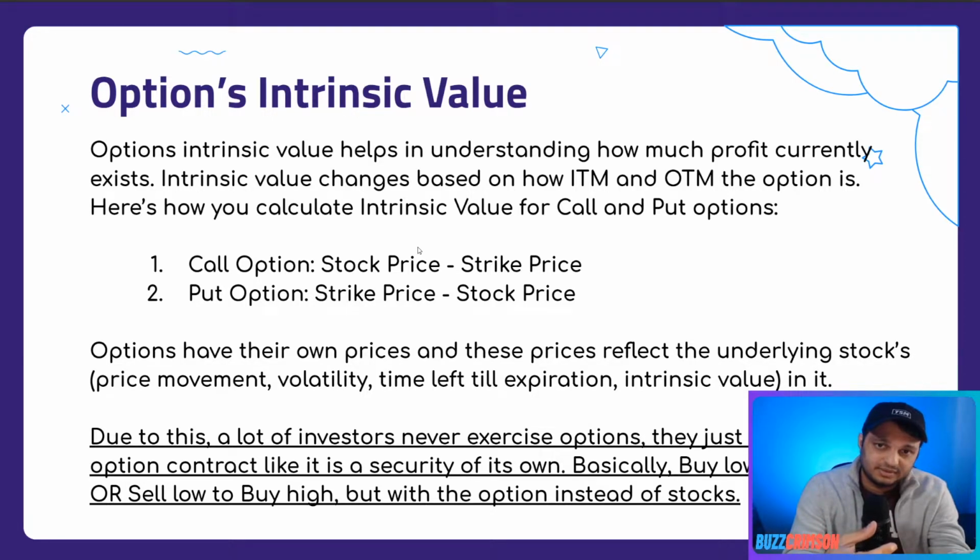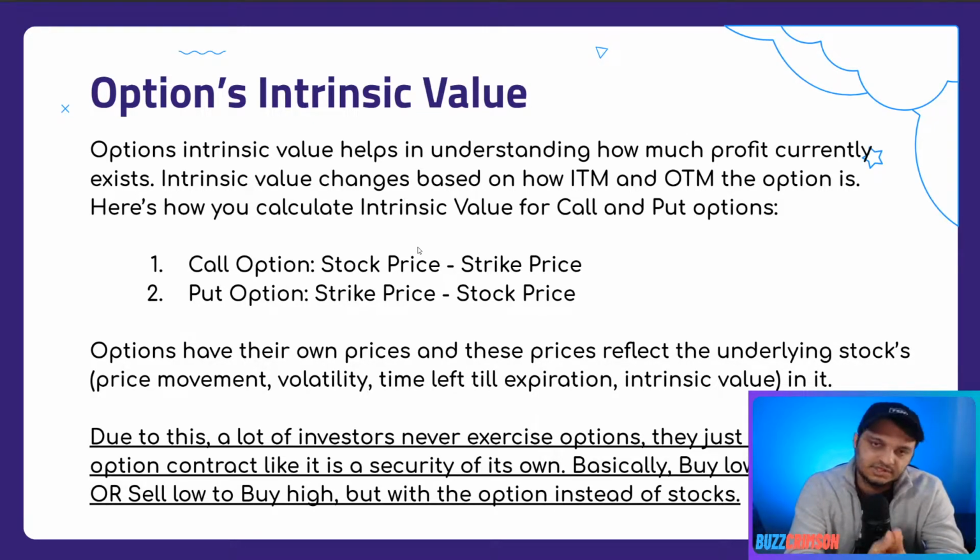essentially all those three things that I mentioned that factor into the option price, those are baked into the option's own price. So what happens is a lot of investors never exercise options to buy shares or whatever. They trade the option as a security of its own because it is its own security. It's a derivative security.